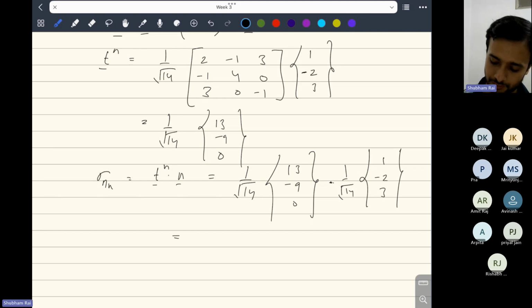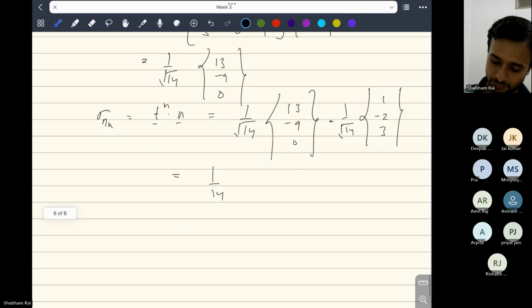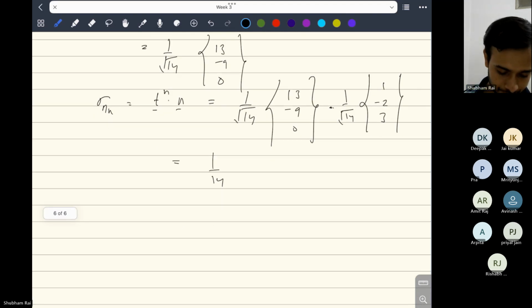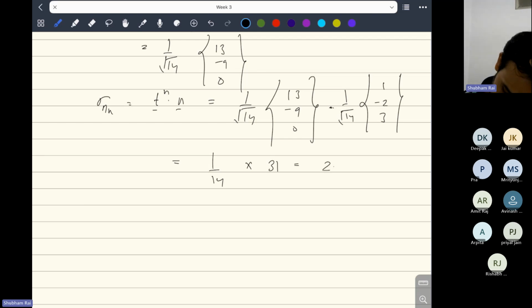You do that, so you will get 1 over 14, and then 13 times 1 will be 13, and 9 times 2 will be 18, and this will be 0. So that will be 31. So 13 plus 18, you get 31 by 14. So if you solve this, you will get 2.21.